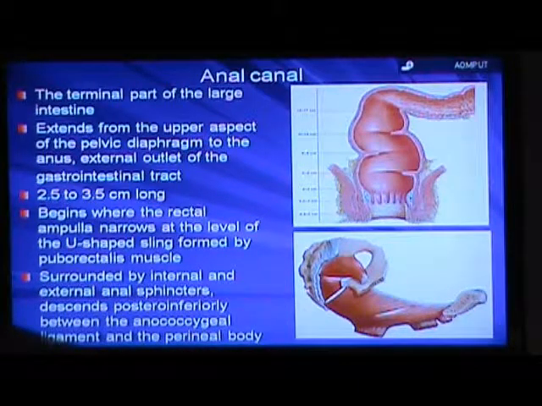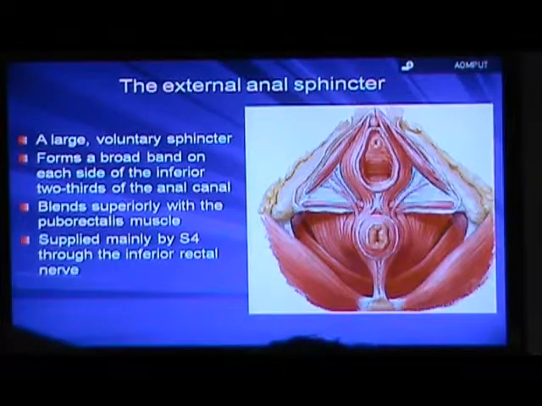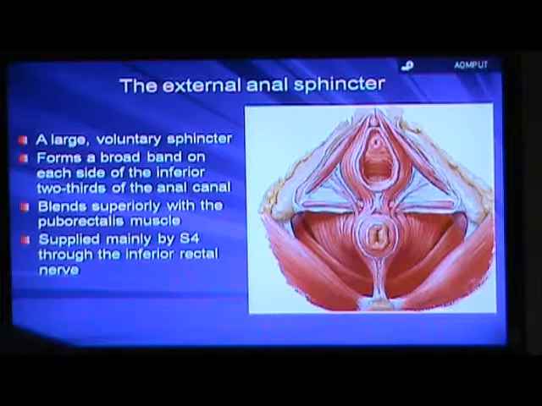It is surrounded by the internal and external sphincters, and descends postero-inferiorly between the anococcygeal ligament and the perineal body. The external anal sphincter is a large voluntary sphincter.